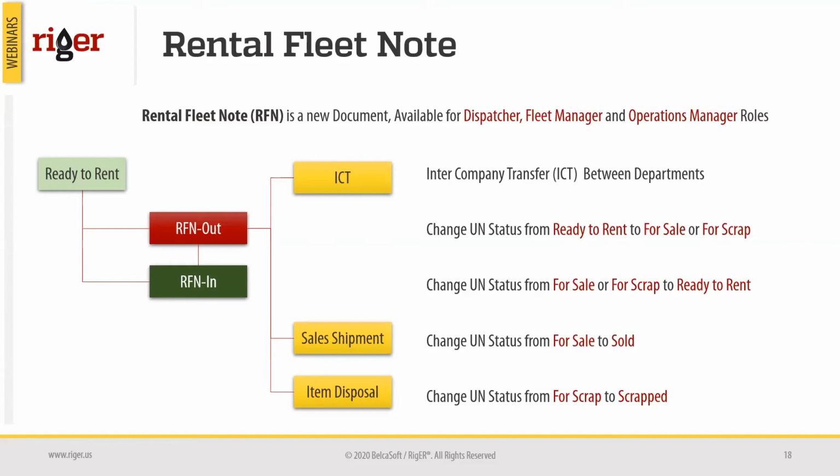You open a new rental fleet note, and by default, the rental fleet note will be with movement out from the fleet. You can reverse the transaction and return equipment to the fleet through the rental fleet note in. After that, you can use this unit in 3 different documents: intercompany transfer, which we already discussed, sales shipment, and item disposal.